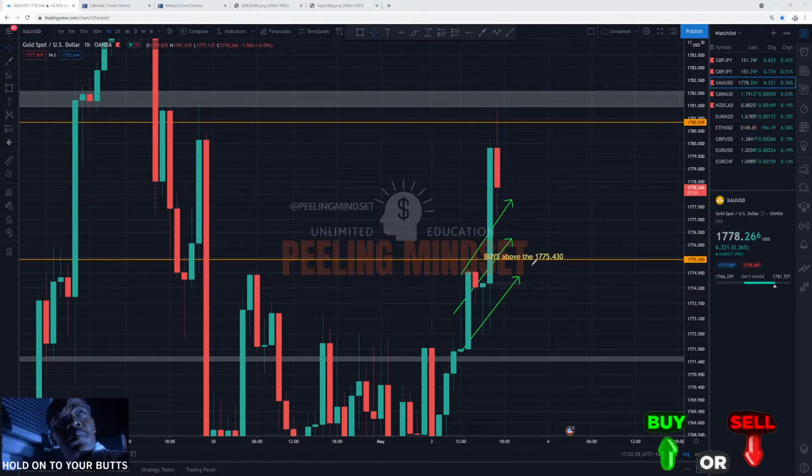Ideally, if the price closes below the 1775.430 level, it can come down to this range. So I just want to wait and see if that happens, or if this is just a manipulation. We will see in the next 7 minutes.